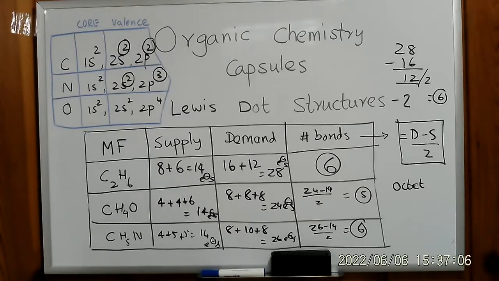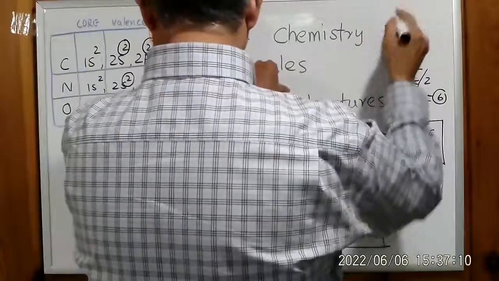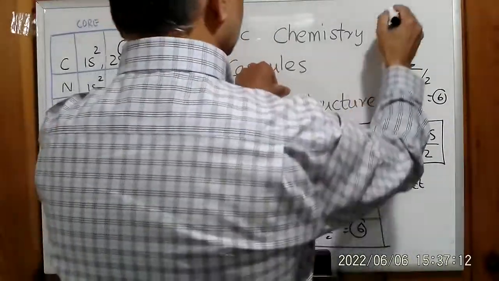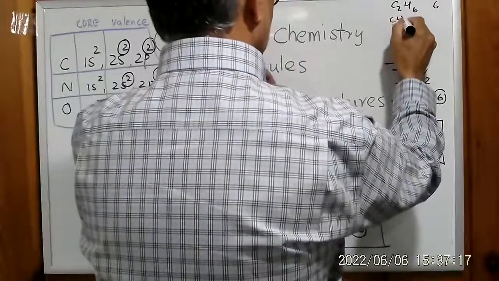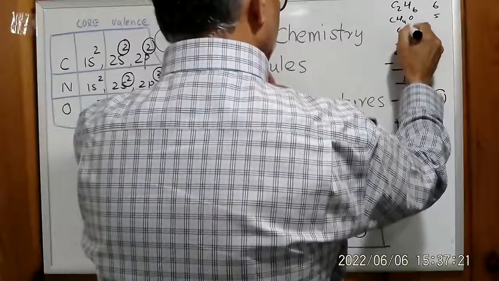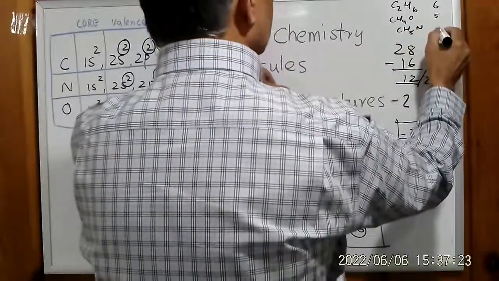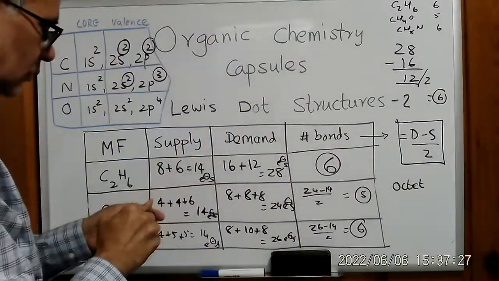Okay. So let's keep this in one corner so we do not forget this, because I need to erase all this. So C2H6 has 6 bonds, CH4O has 5 bonds, and CH5N has 6 bonds. Now I need to erase this so we can draw those dot structures.